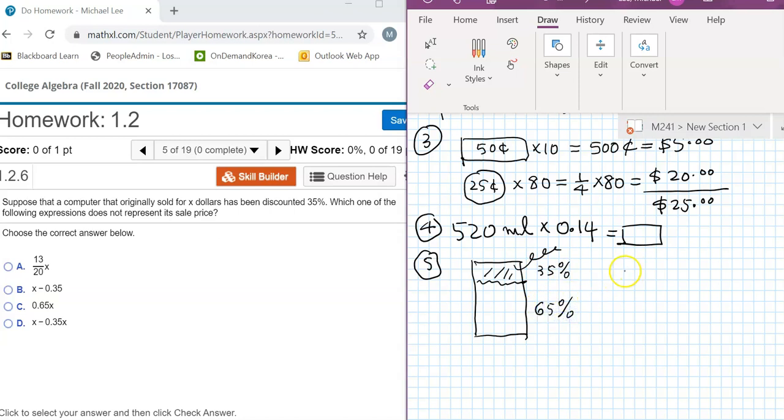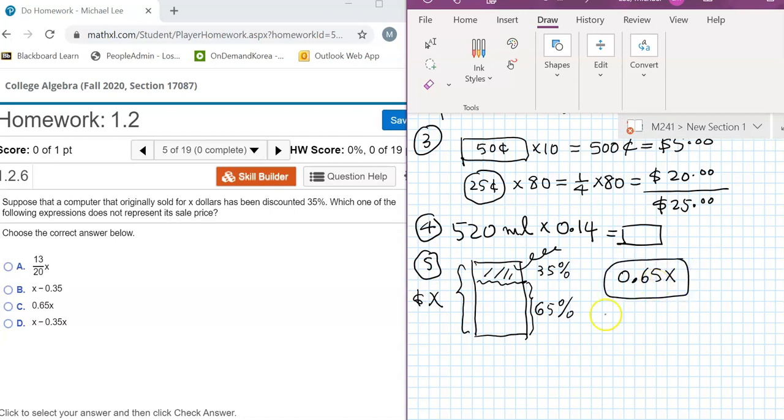To compute 65%, everything is X, so it should be 0.65X is the price.